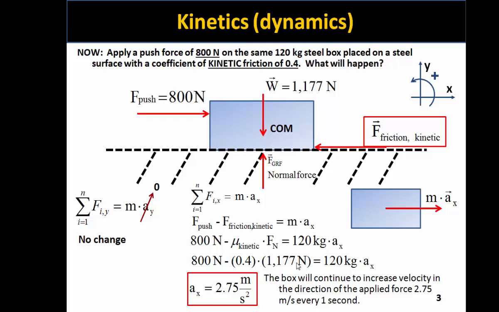In this particular case, we're dealing with a linear situation. We have the nature of contact between the external object and the ground, which is a surface-to-surface contact, so we don't see any point of rotation taking place, and we only deal with Newton's second law in the linear sense, which is the sum of the forces equals mass times acceleration.